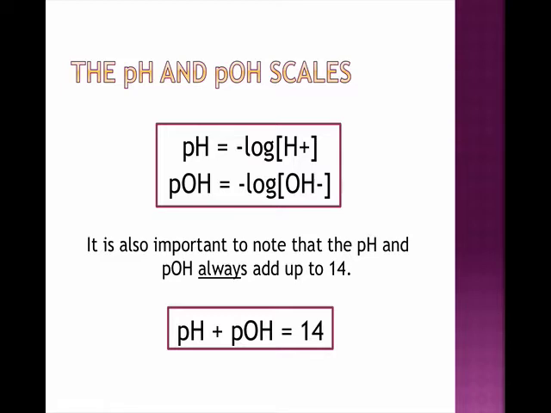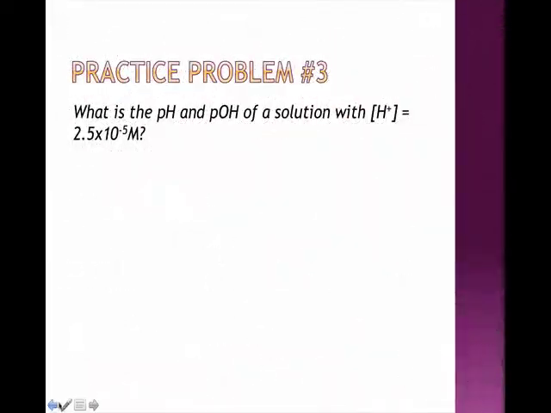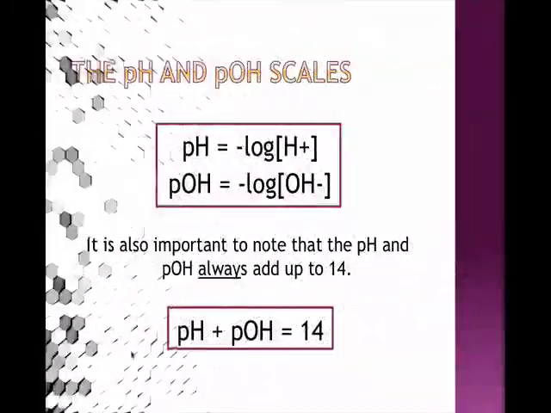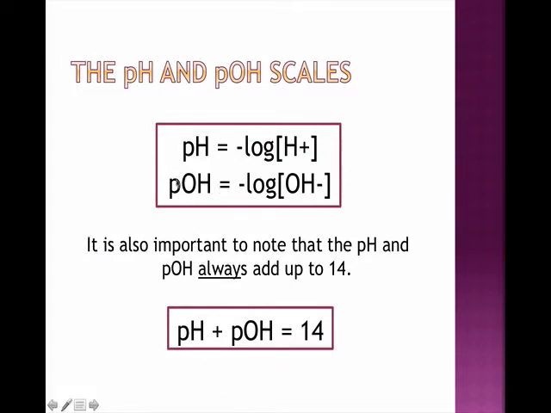The pOH is the exact same thing except you use the hydroxide concentration. So for pOH, you take the negative log of the hydroxide ions, and when you punch that number in, you end up with the pOH. The pOH is another scale that's used by scientists sometimes, but the pH is the most common.